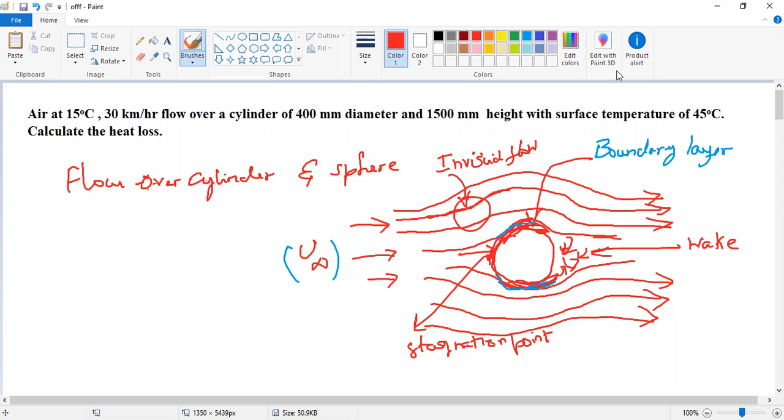At this stagnation point there is no change in velocity. Then in this region the change in velocity occurs within the boundary layer thickness. This area is named the separation point.